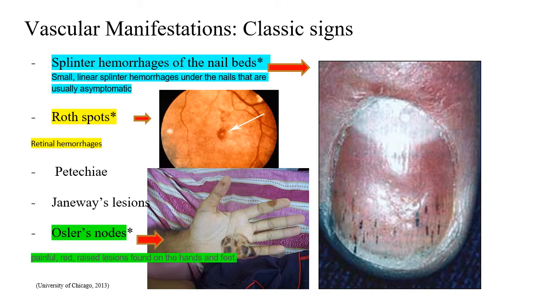You can find them in the eyes of the patient. Osler's nodes are really painful. They're raised lesions found on the hands and feet. These are pretty obvious signs, and really these are quite objective, because when you see these, you know that the signs point to endocarditis.